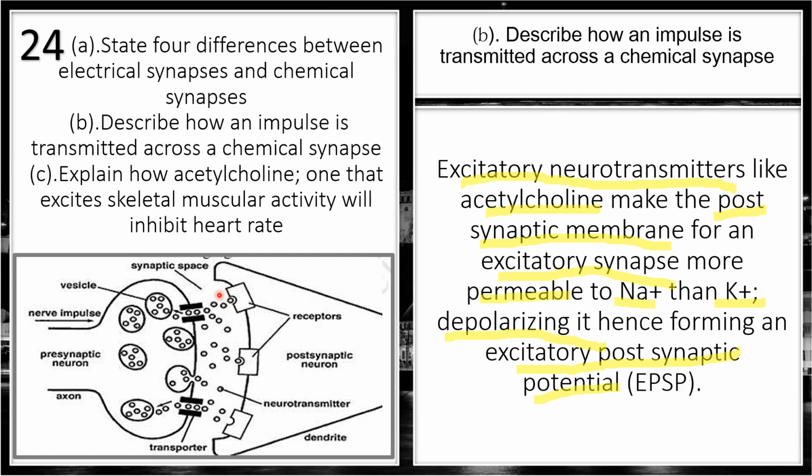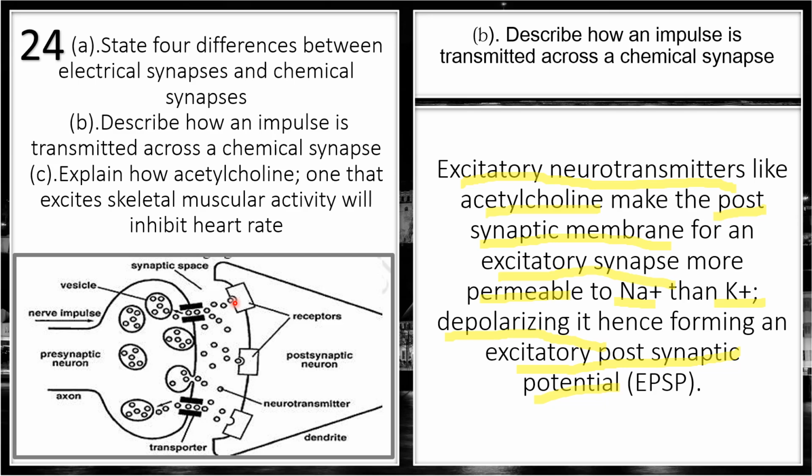The neurotransmitter now, which has been thrown into the synaptic space, will diffuse toward the postsynaptic membrane. And when they reach the postsynaptic membrane, they are going to touch onto the receptors on the postsynaptic membrane.